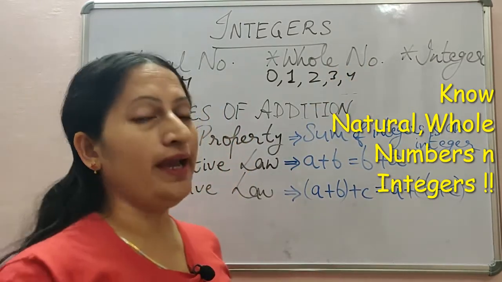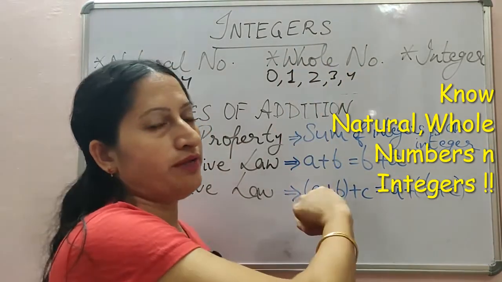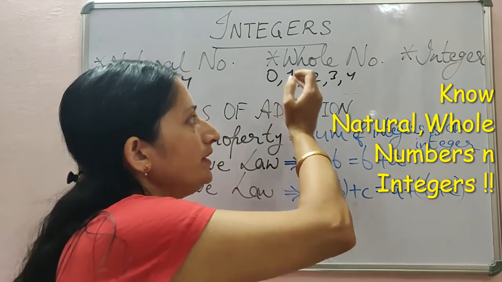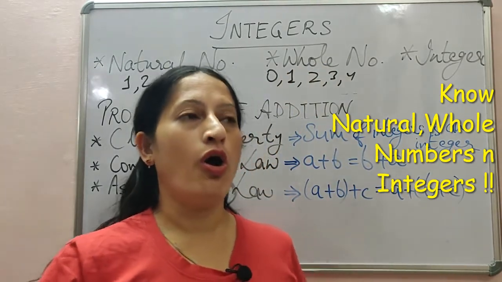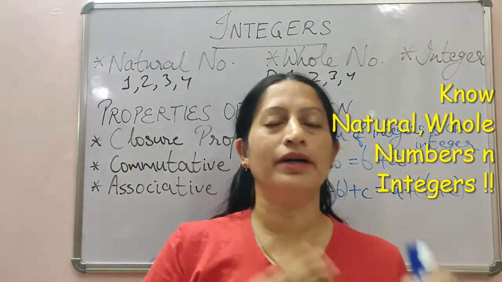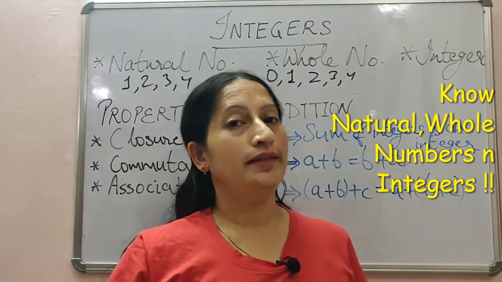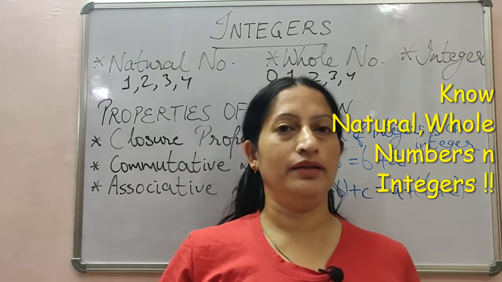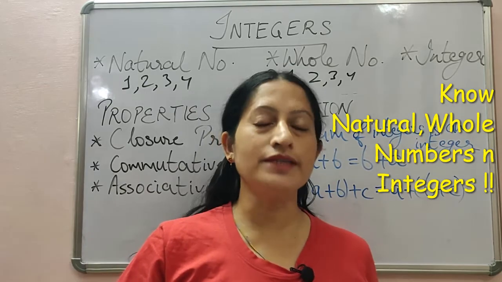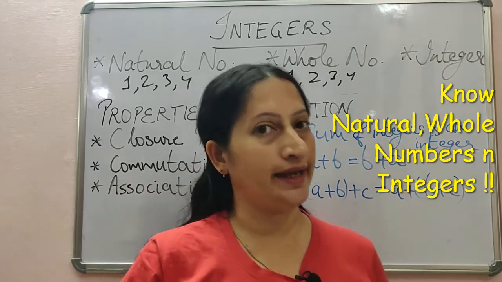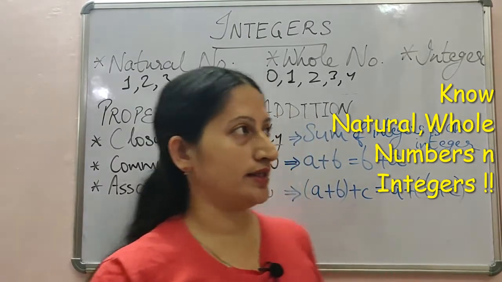But suppose we subtract a bigger whole number from a smaller whole number, or a bigger natural number from a smaller natural number, then the number we obtain will have a negative sign. So numbers which have both positive and negative signs are included in the integers.